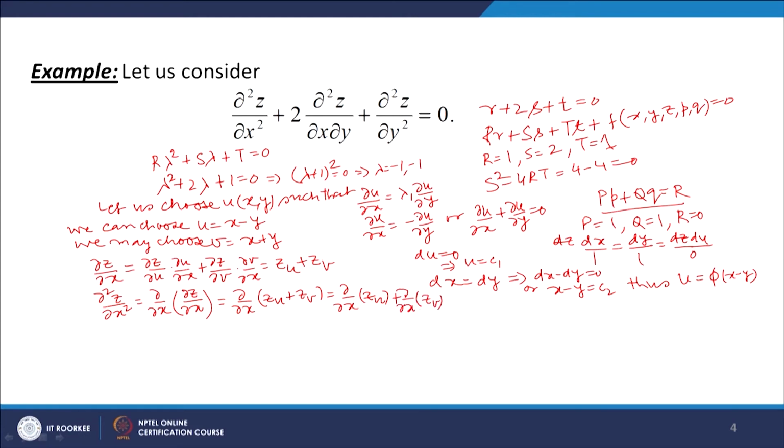Now z is a function of u and v. So, z_u is also a function of u and v, and therefore, in order to find the partial derivative of z_u with respect to x, instead of z here we put z equal to z_u.